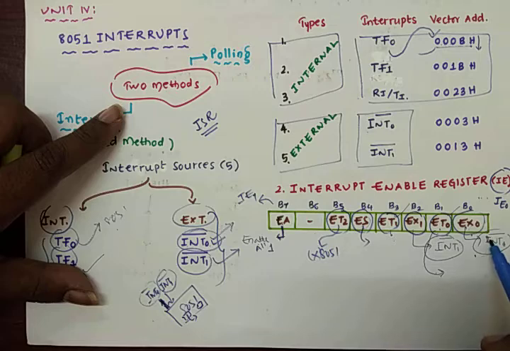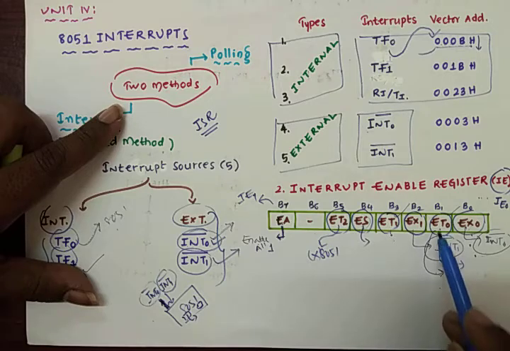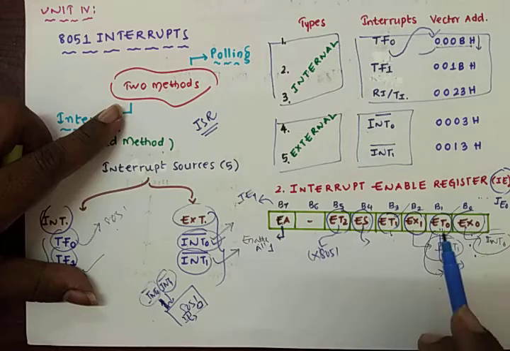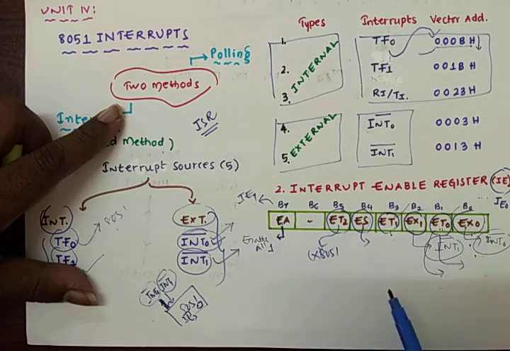It can be enabled or disabled by software. And coming to the next one, it is the interrupt from timer 0. It can be enabled or disabled, the enable T0 interrupt, by software. Enable means 1, disable means 0.